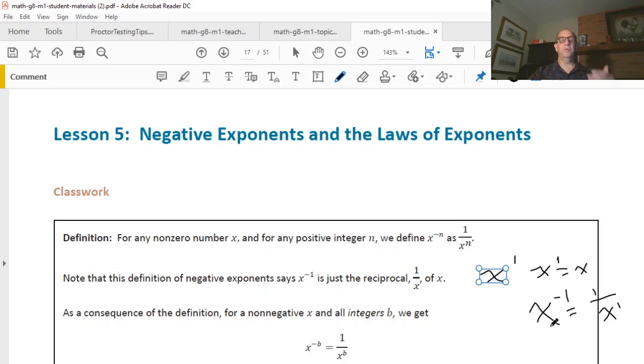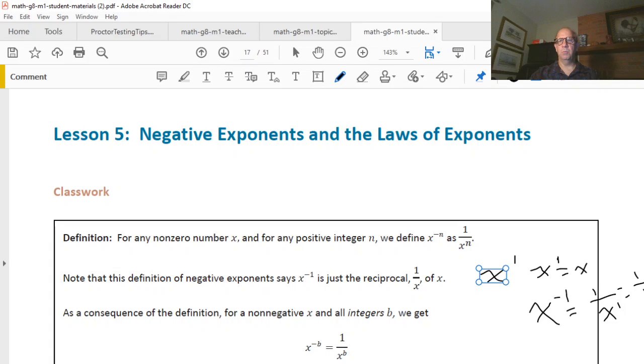So the reciprocal of 1, if I flip 1 upside down, I still get 1. So this should also equal 1, right? And 1 to the first power we know is 1, so this is 1 over 1, which equals 1.